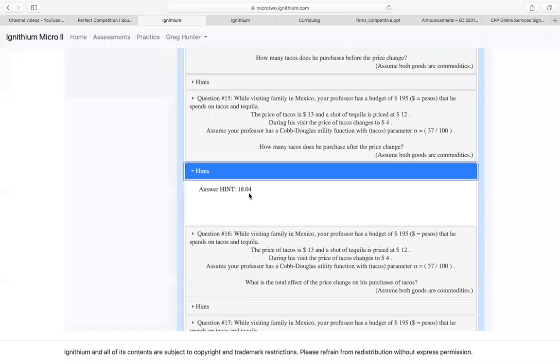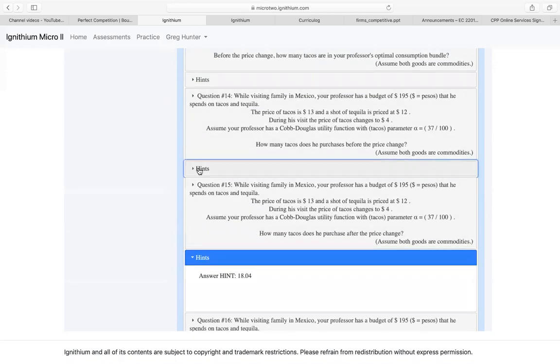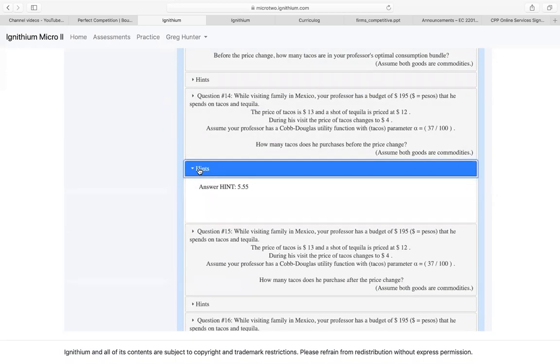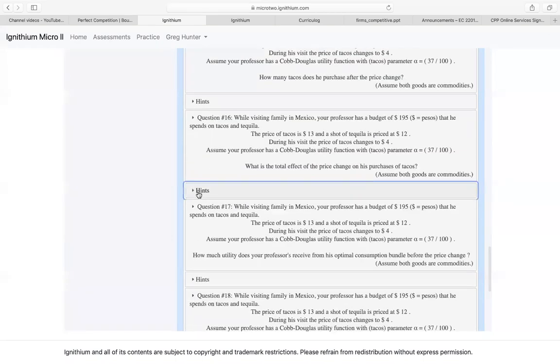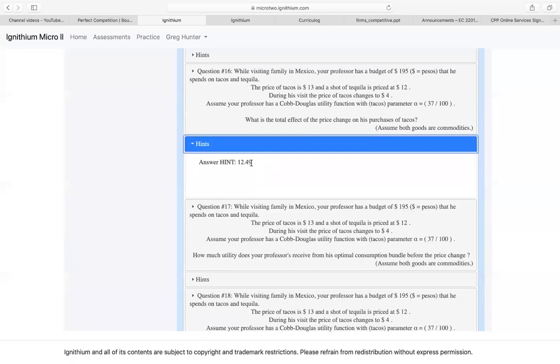If you take the 18.04, and I'm going to do it on my calculator right here, I put in 18.04 minus 5.55, and sure enough, I get 12.49.